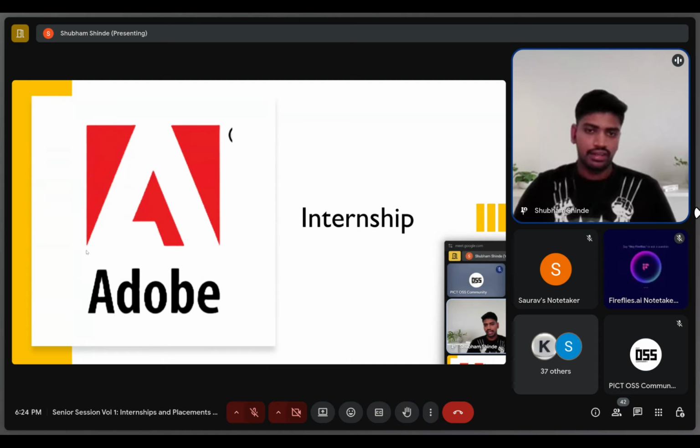They want the candidate to figure out how to solve that problem. It was a completely backend feature. When I developed that feature, he asked me to develop the front end as well. So I completed one end-to-end front end and back end feature.